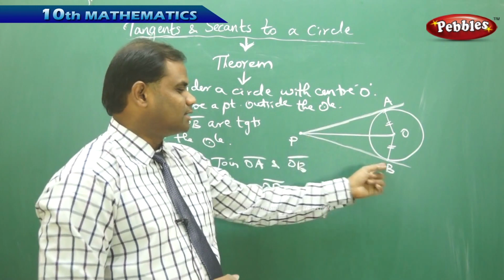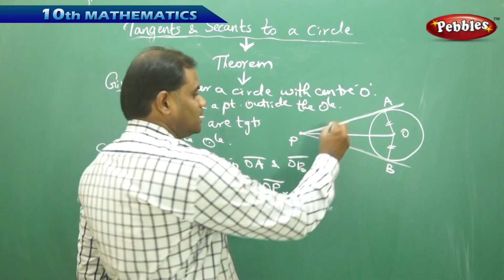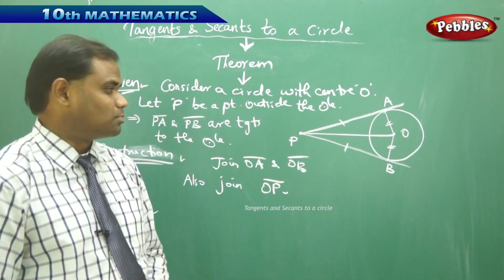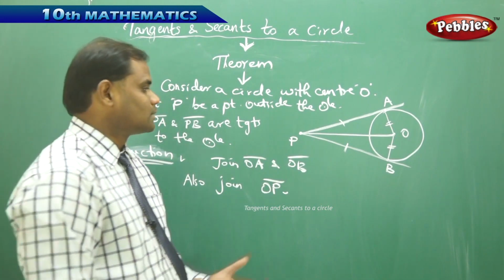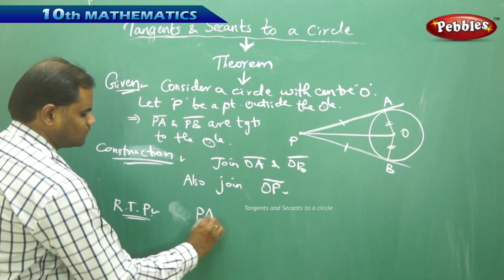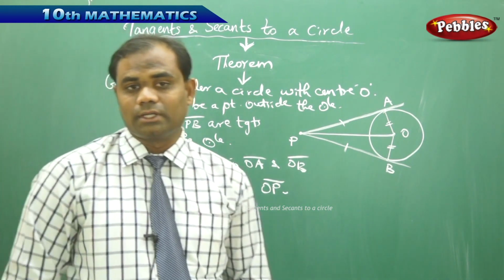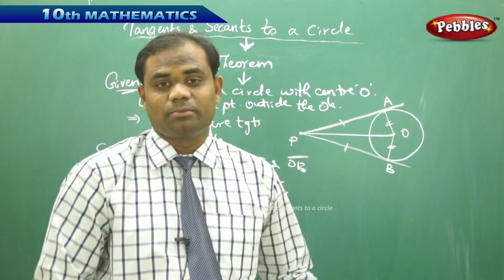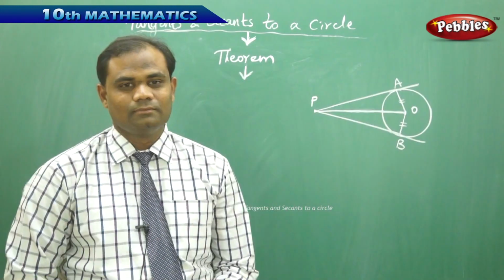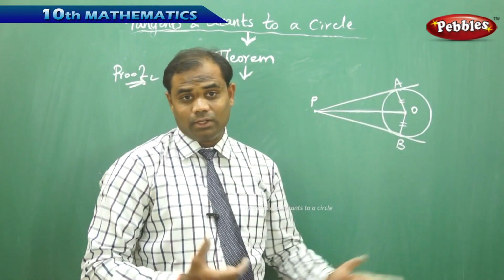Since PA and PB are the tangents from external point P to the circle with center O, I need to prove that PA is equal to PB, using the various geometrical properties in mathematics. So let's see the proof of this theorem.